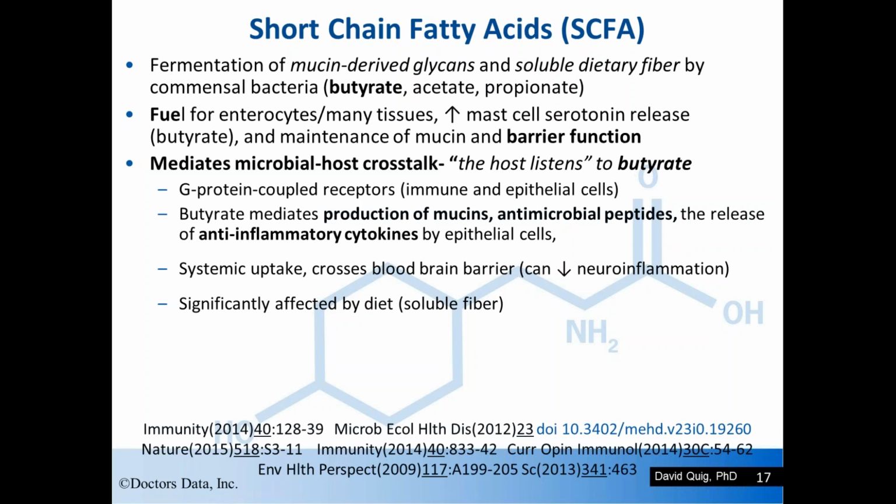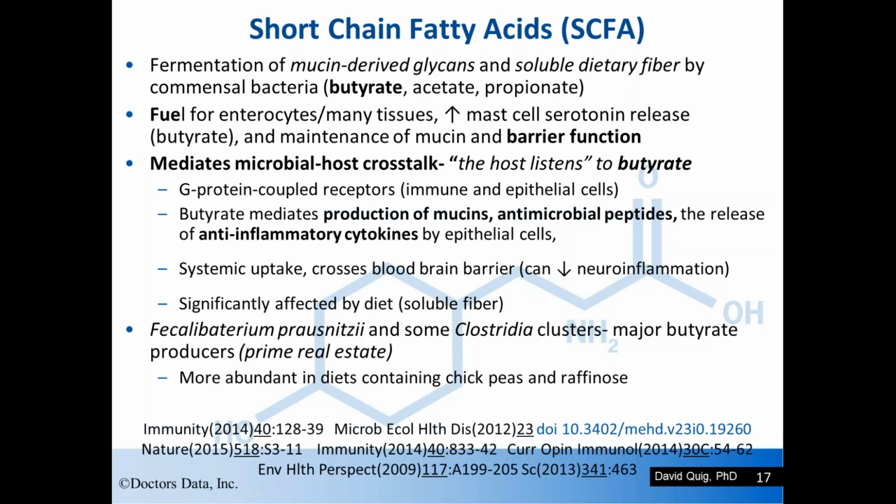And of course, short-chain fatty acids are significantly affected by dietary soluble fiber as well as the gut-derived mucins. Now, Faecalibacterium prausnitzii and some Clostridia clusters are major butyrate producers located in that prime real estate in close proximity to the endothelial cells. And these species are far more abundant in diets that contain chickpeas and raffinose.